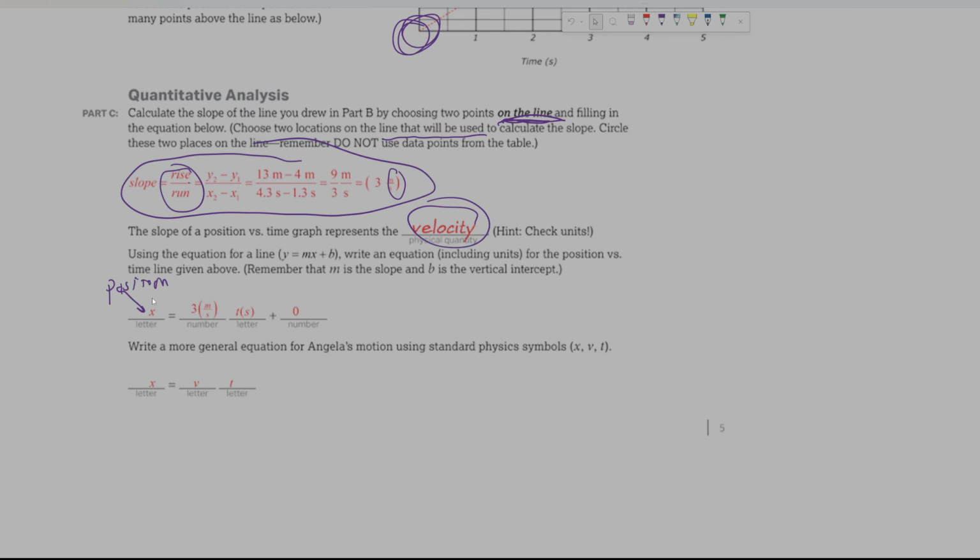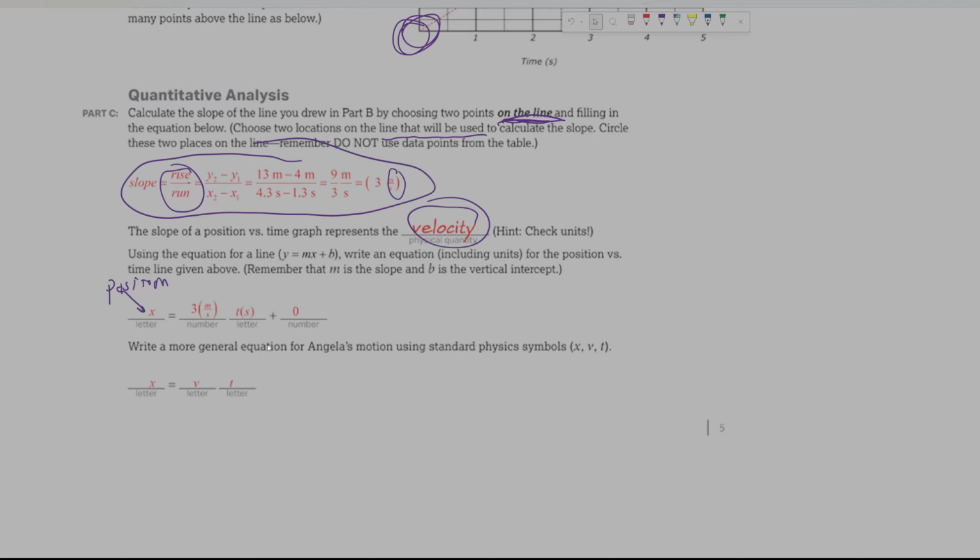Pardon my terrible writing, but that's position, not the x-axis, right? So the position, remember what I said earlier, get used to actually saying what these letters stand for. So position, or x, is 3 meters per second times time in seconds plus 0, because it intercepted at 0.